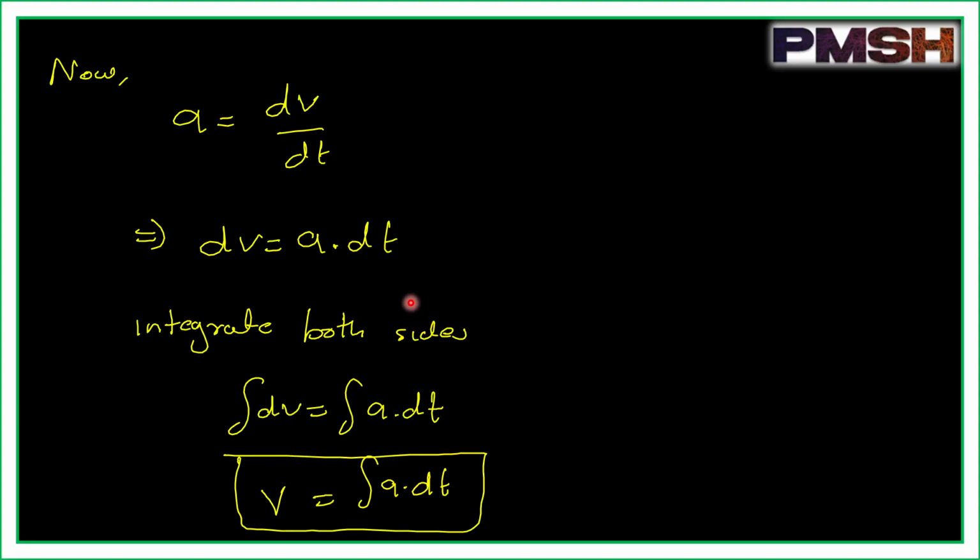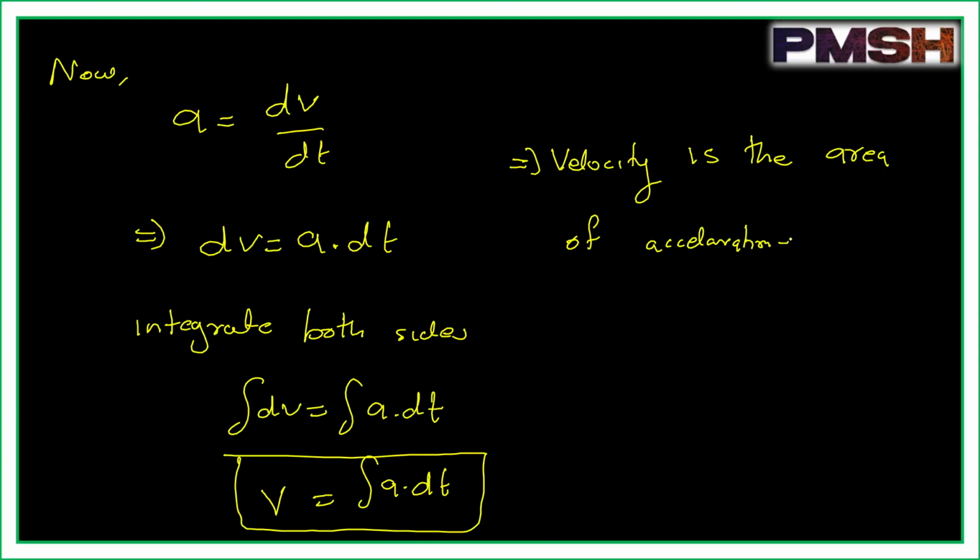So you remember that: velocity is the area of the acceleration time graph. Clear? Now, in short, I will conclude all these contents that we have discussed today.